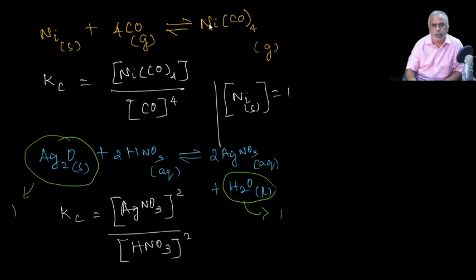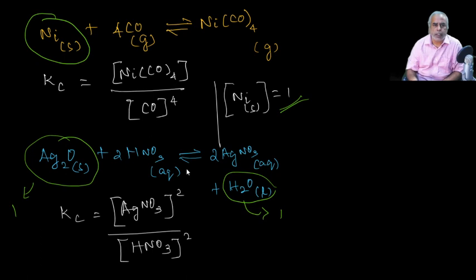We know the nickel carbonyl is the gas, and what about this? This is also gas, but in the case of nickel solid, the activity is 1. Therefore, you have to say Kc is equal to the concentration of nickel carbonyl divided by CO power 4 only. You cannot include this.